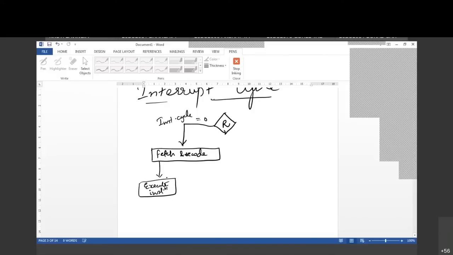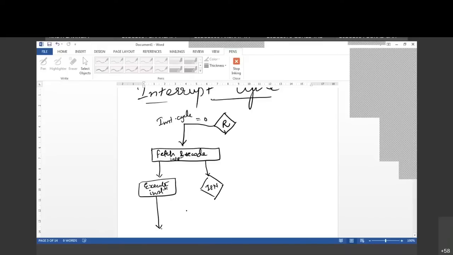So if my value of R is 0, it is treated as a normal instruction cycle. It would go to the fetch and decode phase of the instruction, and then execute the instruction. Now, what if during the fetch and decode phase, your interrupt enable flag is set to 1?